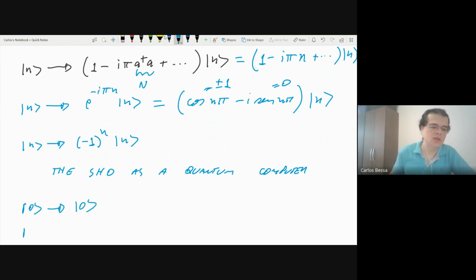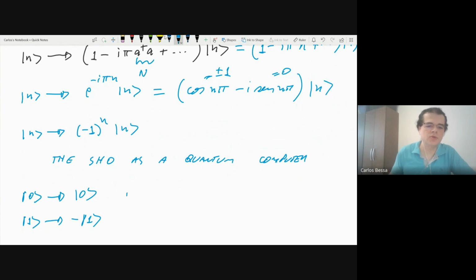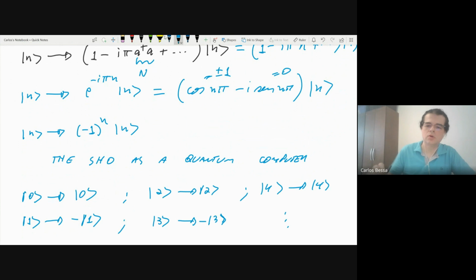The state 1 changes the sign, it is minus the state 1. And the same for the state 2, it is 2. The state 3 is minus 3. The 4 is 4, and so on. Okay?